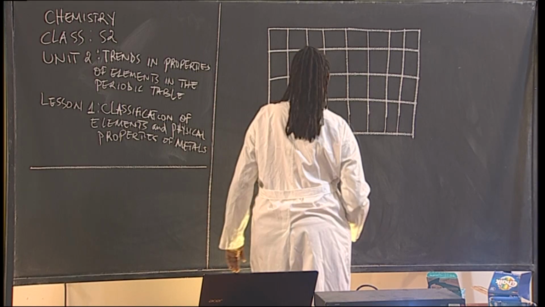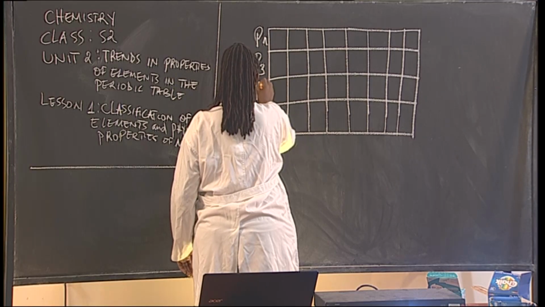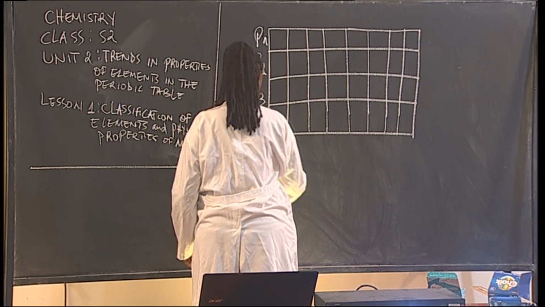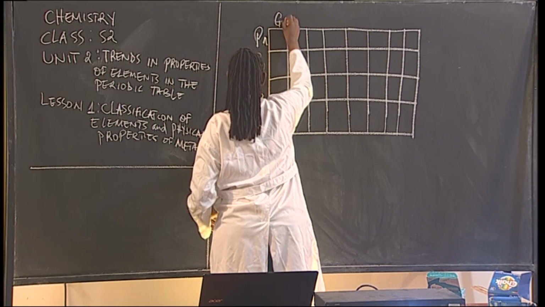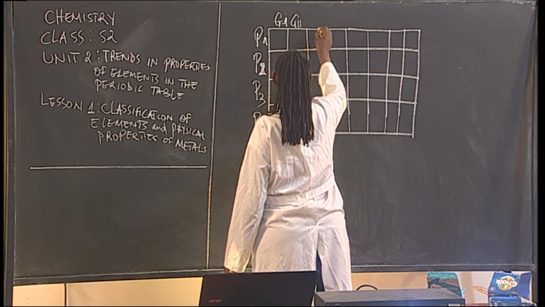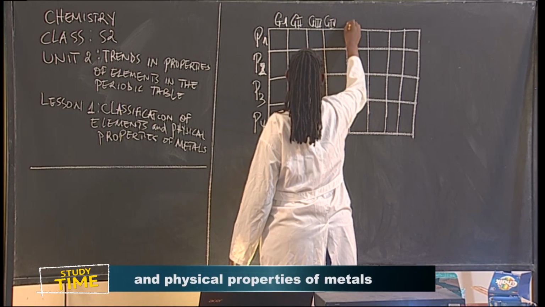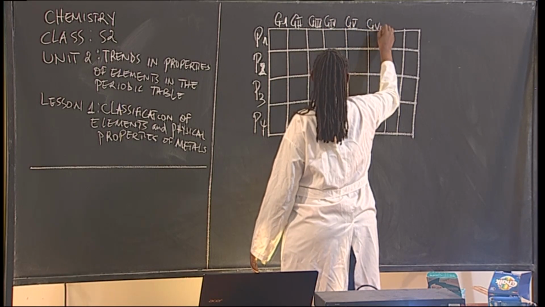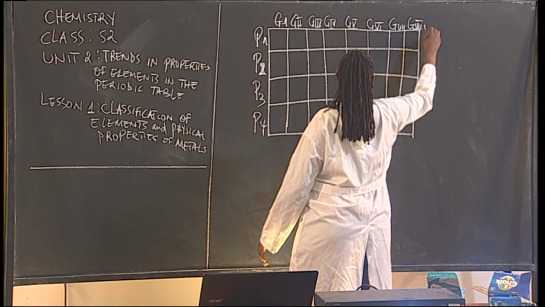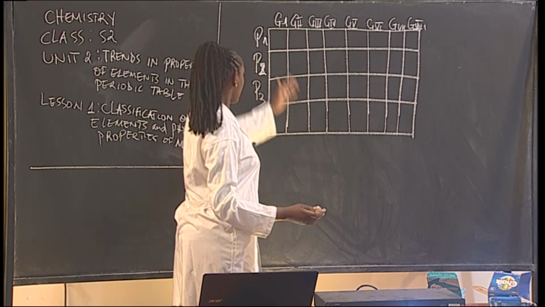So this is period 1, period 2, period 3, and period 4. This is group 1, group 2, group 3, group 4, group 5, group 6, group 7, and lastly, group 8. So these are the 8 groups and the 4 periods that we put emphasis on.